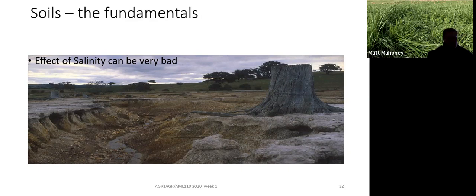So it's just a reason why trees are good in our landscape and how they can help with salinity issues. It's mainly because of their ability to use that deep water, which crops and pastures just don't have the ability to do.